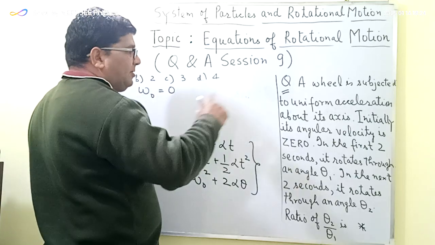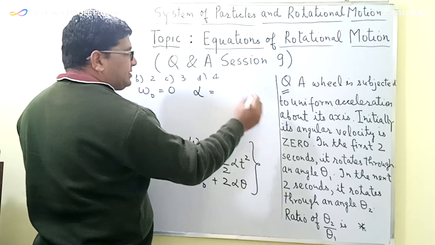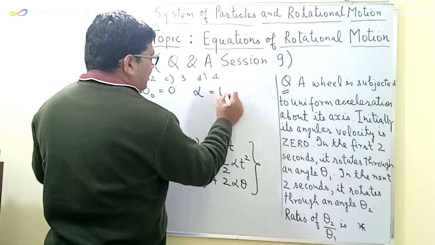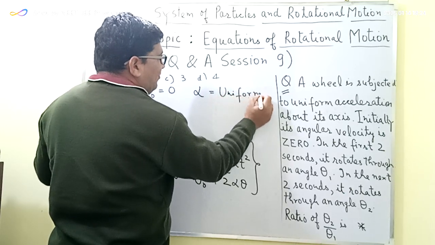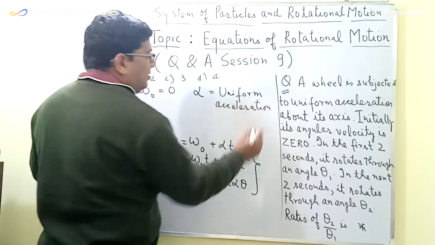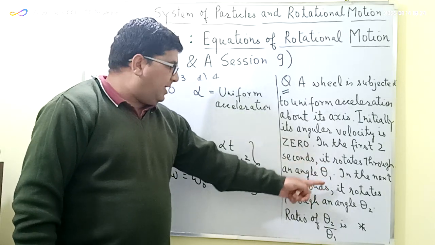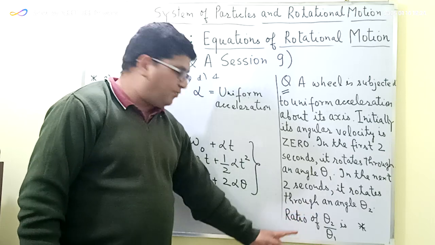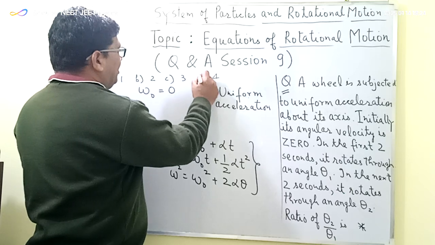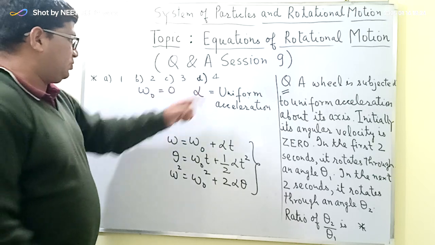Since this wheel is rotating about its axis, the angular acceleration alpha is uniform, and in the first 2 seconds it rotates through an angle theta 1, and in the next 2 seconds it rotates through an angle theta 2. So we have to find the ratio of theta 2 divided by theta 1, and there are 4 options. Option 1 is 1, option 2 is 2, third option is 3, and the fourth option is 4.